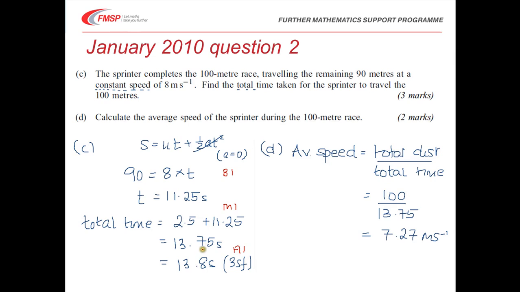They weren't being too fussy there. And then the last little bit, a method mark for knowing that it was total distance over total time, and an accuracy mark for 7.27 metres per second.